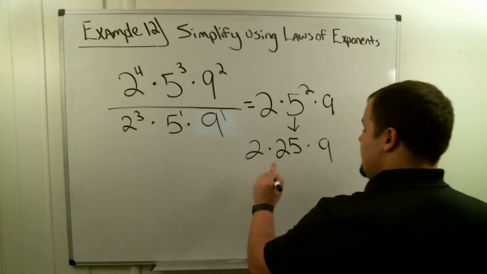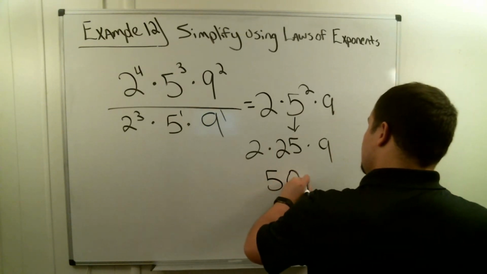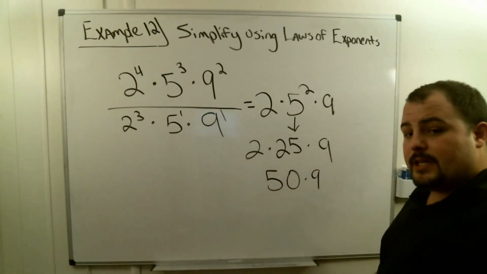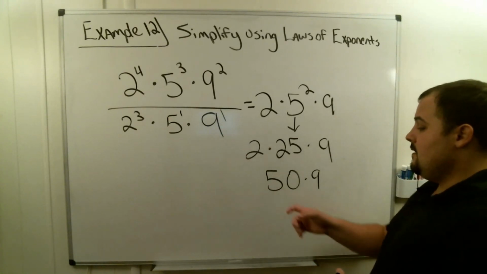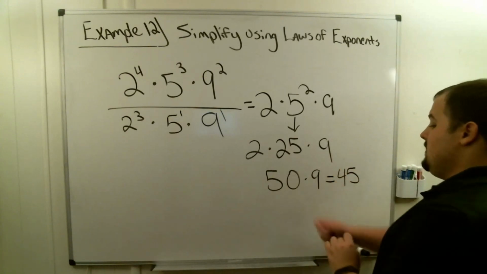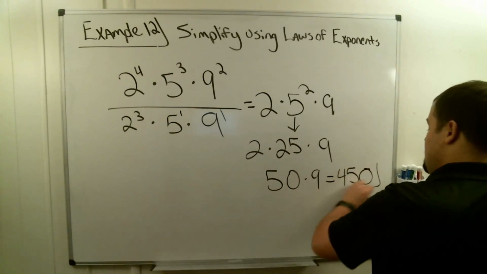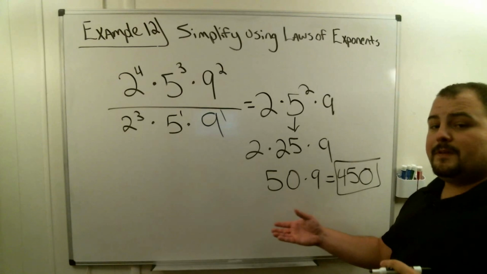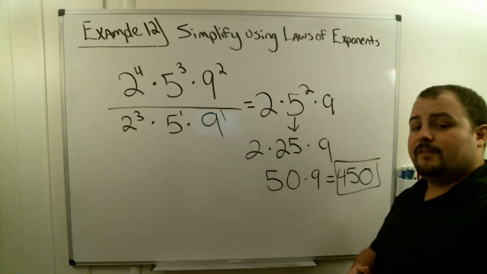Well, 2 times 25, that's 50. So this problem is really 50 times 9. Well, 5 times 9, that equals 45, and since I have a 0, just put a 0 at the end. This answer of 50 times 9 would be 450.